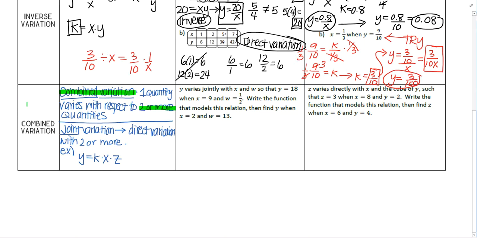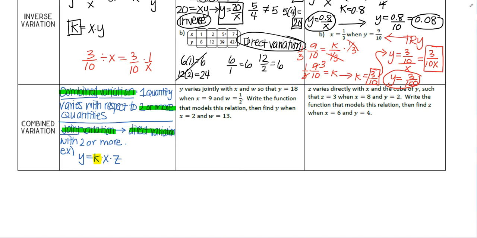Joint variation is a specific kind of combined variation where the type of variation is direct. So one example might be this thing right here. You have your constant of variation k. It looks a lot like direct variation, except you have two variables next to k.